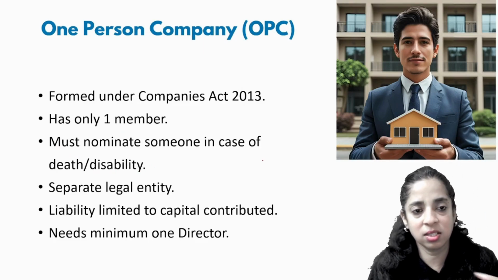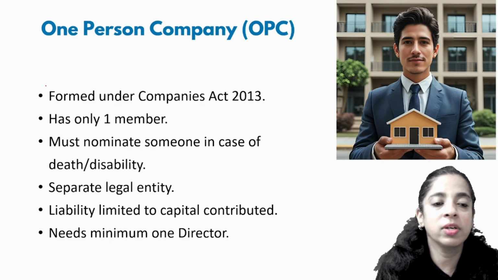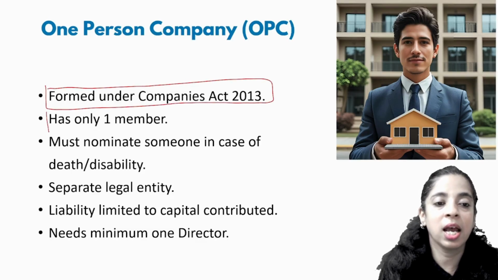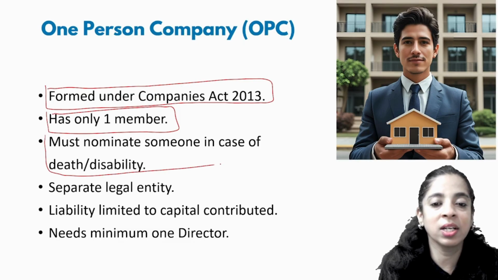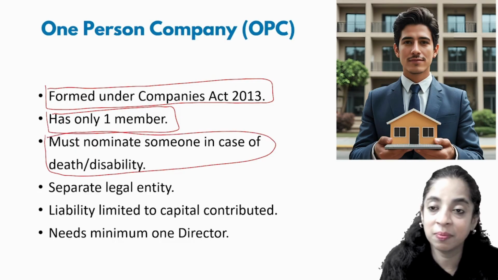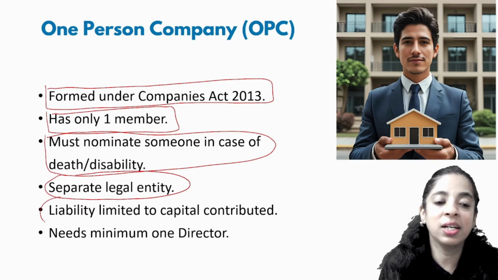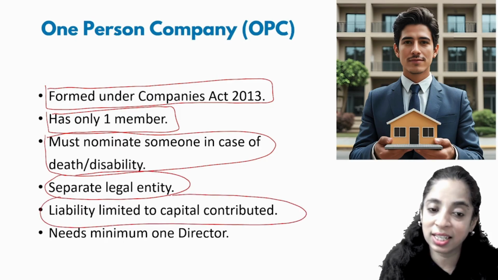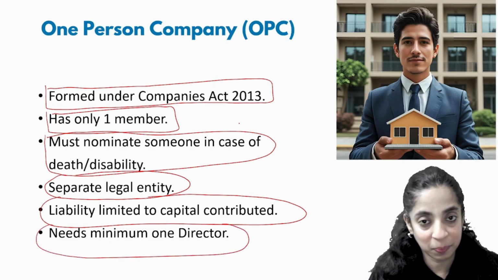So let's talk more about one person company. It is always formed under the Companies Act 2013. It has only one member, who must nominate someone in case of death or disability. It is a separate legal entity. Liability is limited to the capital that is contributed and it needs a minimum of one director.